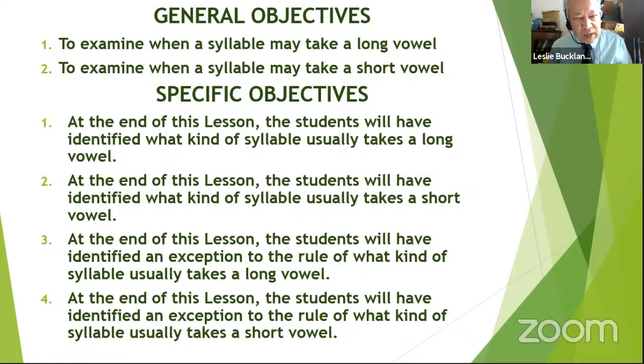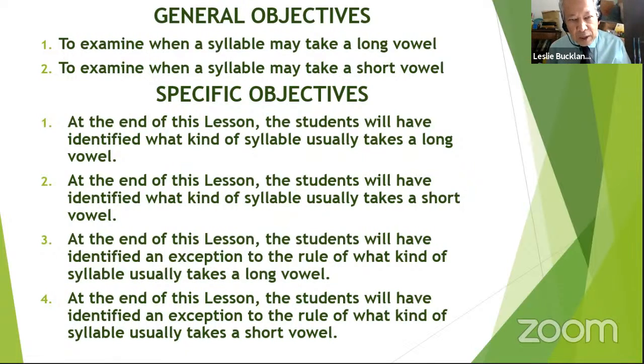3, at the end of this lesson, the students will have identified an exception to the rule of what kind of syllable usually takes a long vowel. Number 4, at the end of this lesson, the students will have identified an exception to the rule of what kind of syllable usually takes a short vowel.